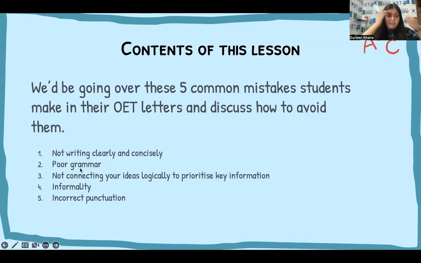Then the second is poor grammar. In this, there could be errors related to your tenses, related to using time markers like for, since, and ago, which we'll discuss in this class as well. We'll be reviewing 2 important tenses, but I plan to make this PPT available to all of you, and I would like you to review it.